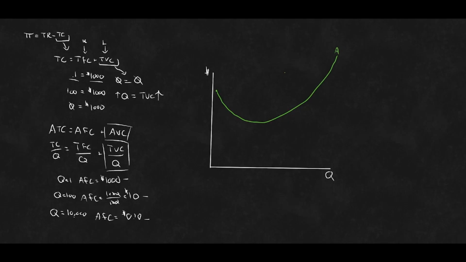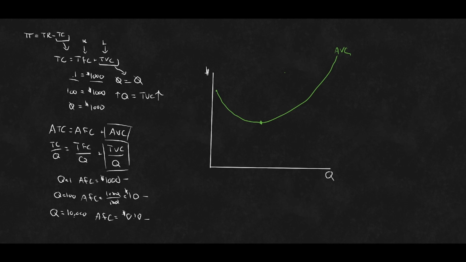And that would be our average variable cost, our cost per unit. This is our cost per unit, and we witness that initially as we produce more and more things, our variable cost per unit is shrinking, shrinking, shrinking, hits a minimum, and then begins to rise.